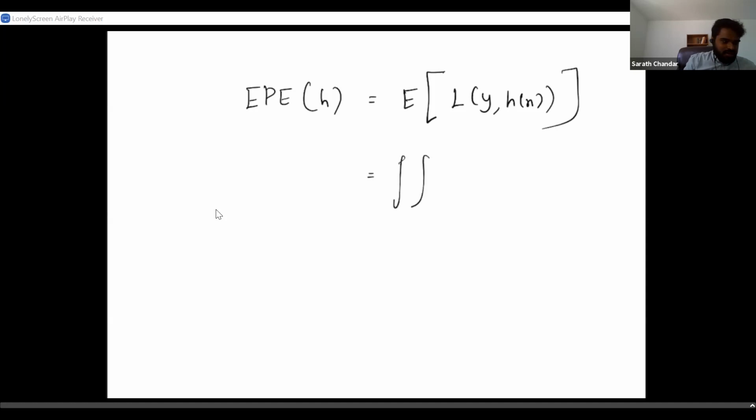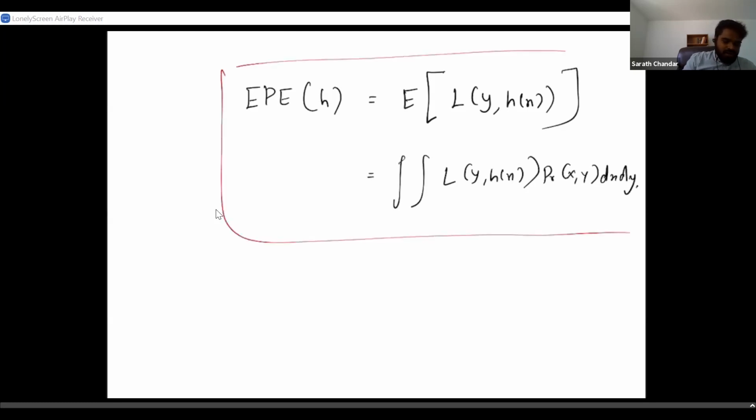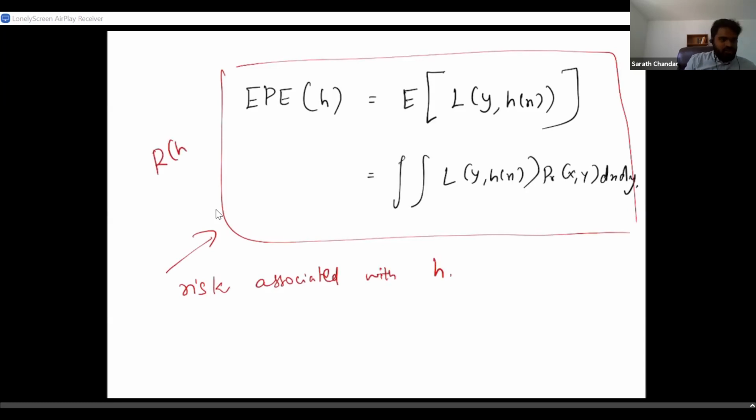This is basically the integral of L of y comma h of x, times the probability of x comma y, dx dy, right? So we are going to call this the risk associated with the hypothesis H. Let's just call this R of H.